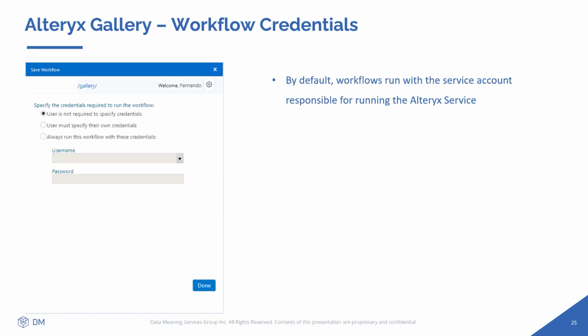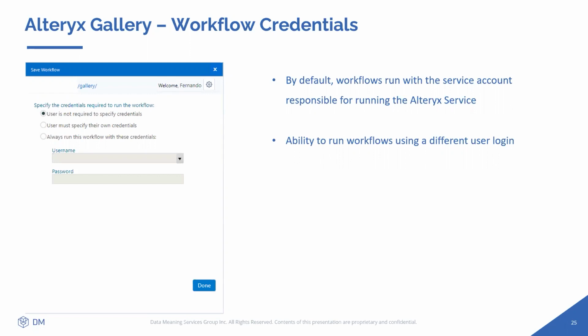But of course, here, when saving the workflows, you have the option to include one user to run. So you have two different options here. You have the option, this is highly used, for you to run the workflow with these credentials. This could be your credential or any other credential that has been shared with you by the admin.